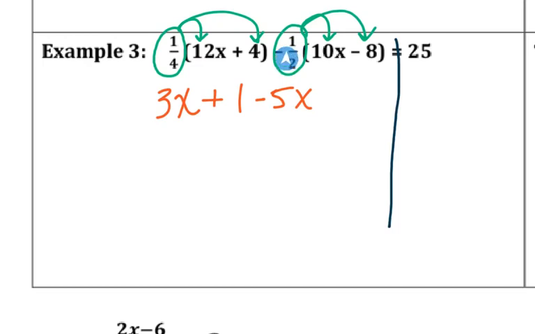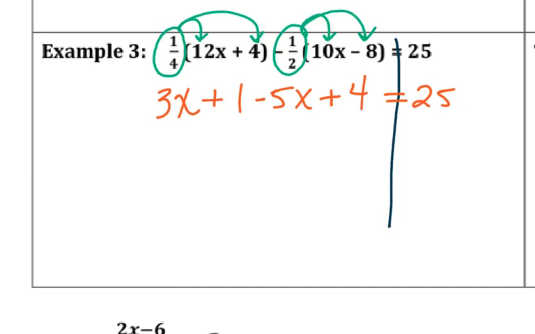So negative times a negative is a positive, so that gives me positive 4. And that equals the number 25. So now we got rid of parentheses. Again, if you struggled with those fractions, just use Control Divide, and then you can multiply the fraction and get that whole number. So now we need to clean this up.